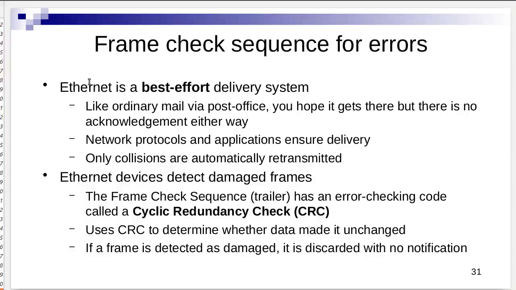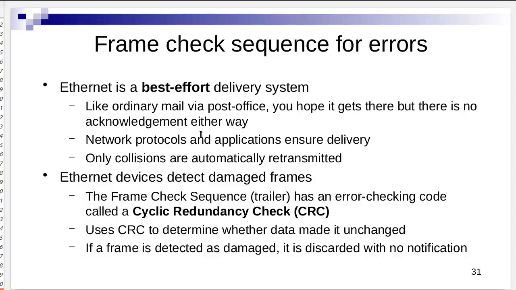There usually isn't an acknowledgement of receipt of that piece of mail unless you specifically ask the recipient to send something back. So when you send something in the mail, you hope it gets there. Most of the time it does, but there's no way to find out immediately, although these days you can get a tracking number and things like that, so it's a little different now. Not the best analogy.